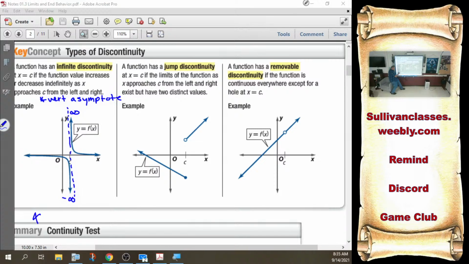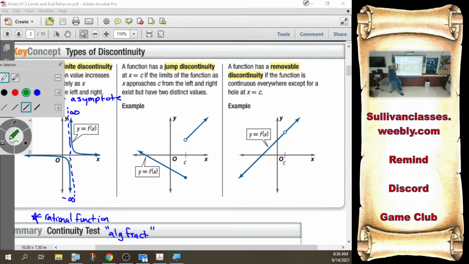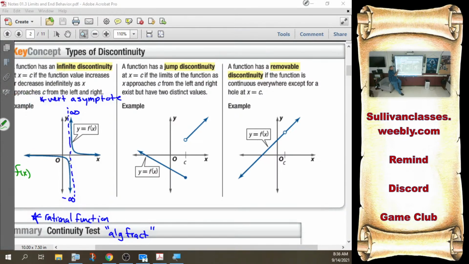Okay. If you ever have a rational function, which is what this graph is, by the way, or if you want to be Lars, algebra fraction. An algebra fraction, like this specifically, this function is f of x equals 1 over x minus c. That's literally what this graph is.